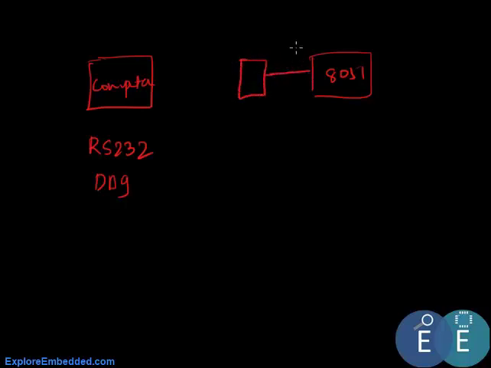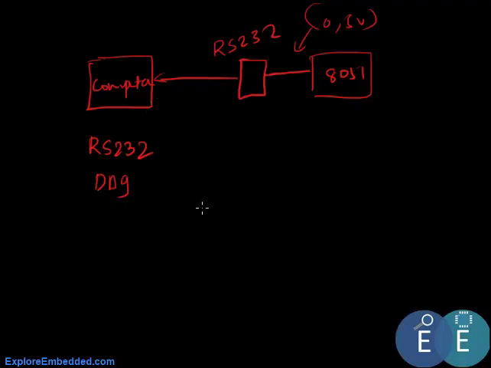Since the 8051 works on CMOS, which is 0 and 5 volts, you need to convert these voltages to a level the computer understands. So we need a converter called RS-232 in order to use it with the computer.